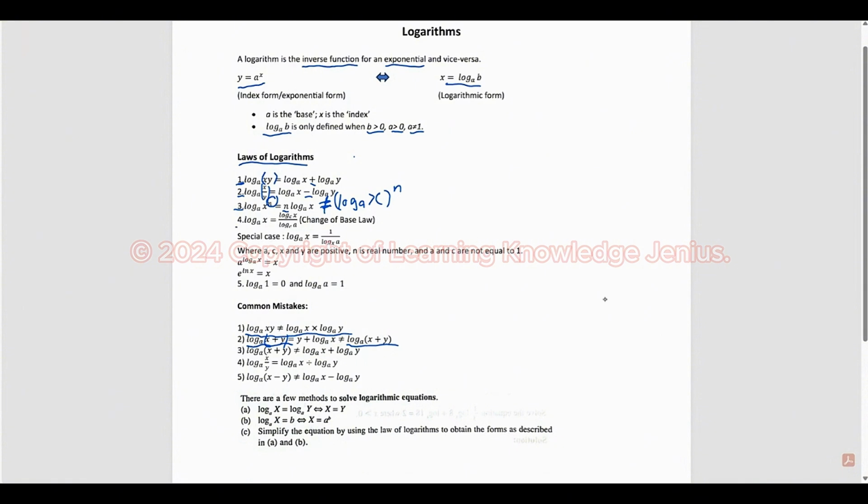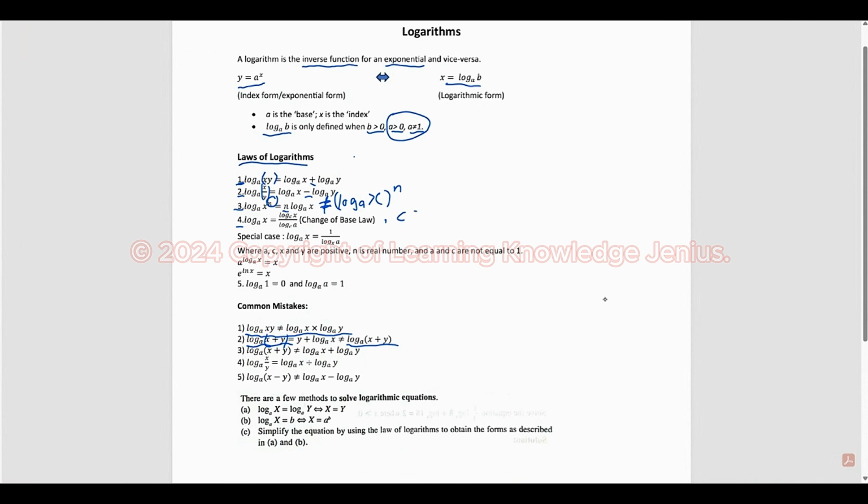Then come to point 4. We have log a x equal to this, if you want to change base. Sometimes if you want to combine multiple logarithms together, you need to change base. So this is the format you can convert to. The c is any number you can choose, but of course you need to fulfill the criteria that it must be more than 0 and cannot equal 1 for the base.